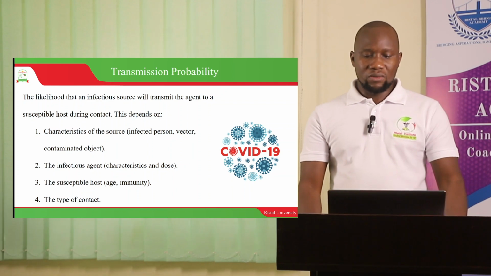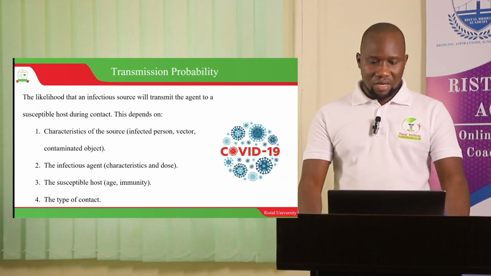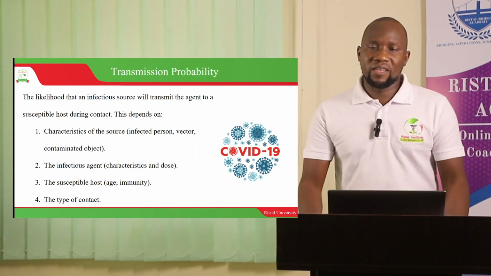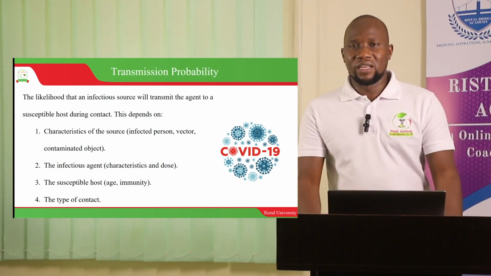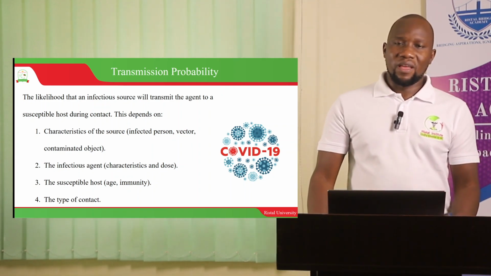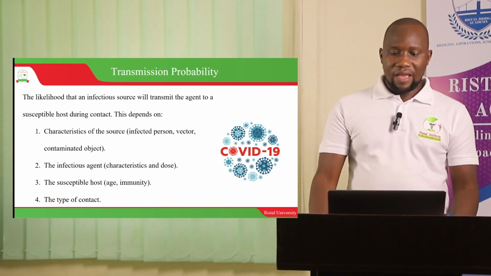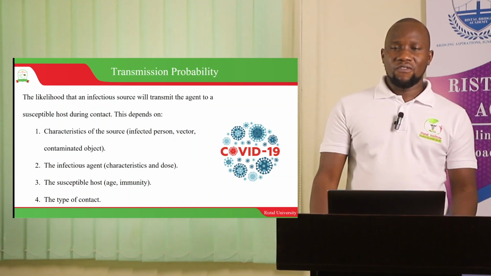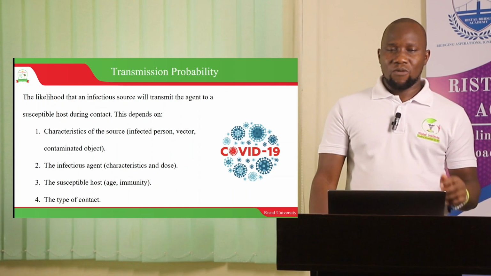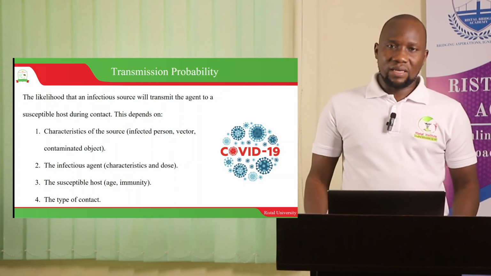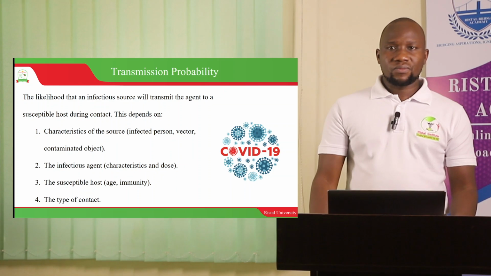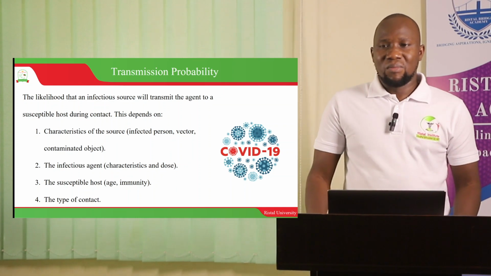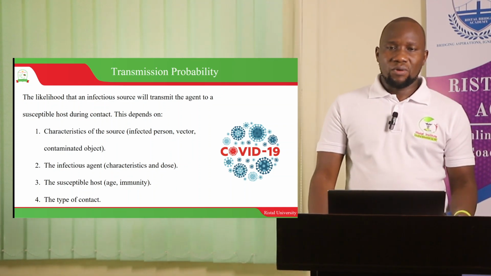Okay, and we have talked about issues to do with immunocompetence, which is affected by age, affected by the drug someone is taking, and also affected by the conditions that they could be having. Then the type of contact: how the infectious agent gets into contact with the susceptible host. Contact with, for example, infectious agents that are in blood through maybe a simple prick.